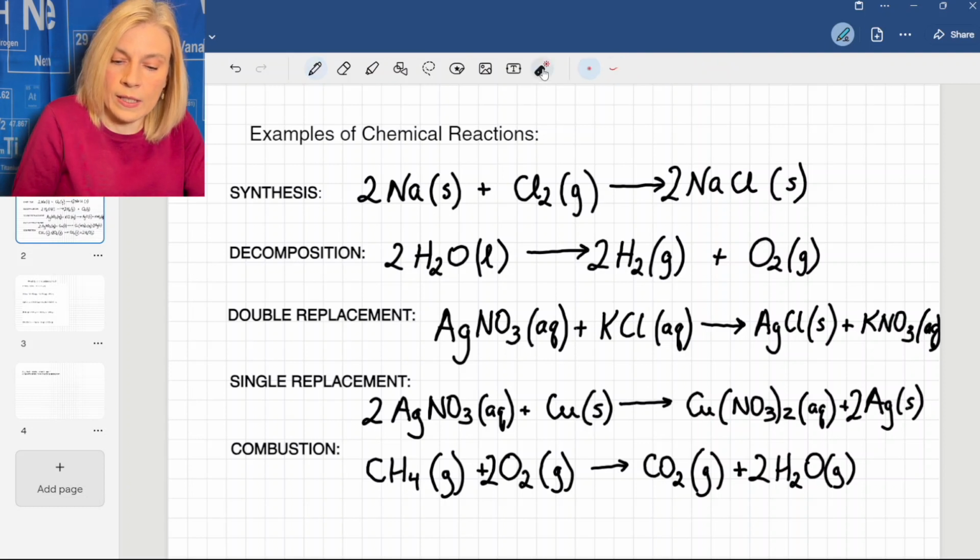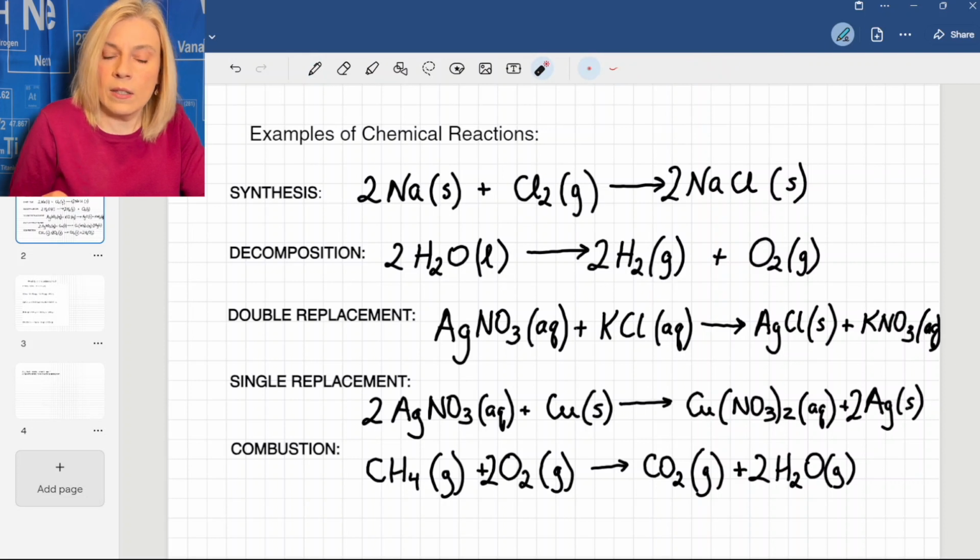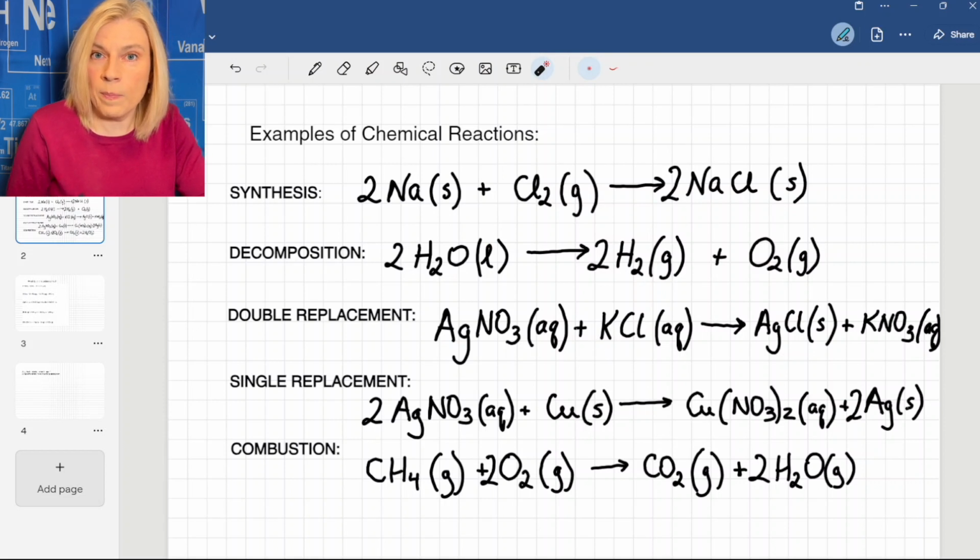So really fast, for synthesis, we have 2 separate elements coming together to form a compound. Decomposition, you have a compound being broken apart into its elements. Double replacement, think of this, our cations switched places. We start with 2 ionic compounds, and we end up with also 2 ionic compounds, but the cations switch places.